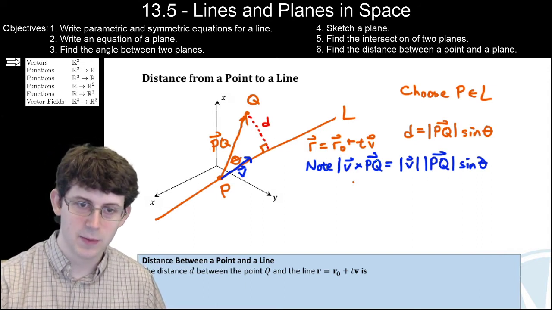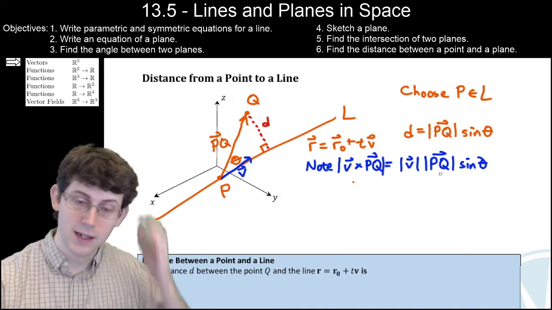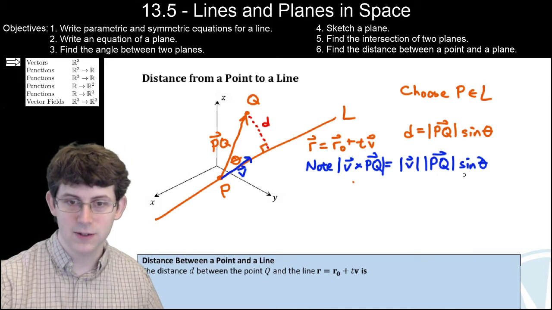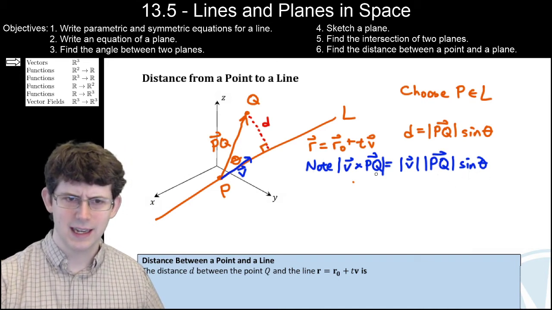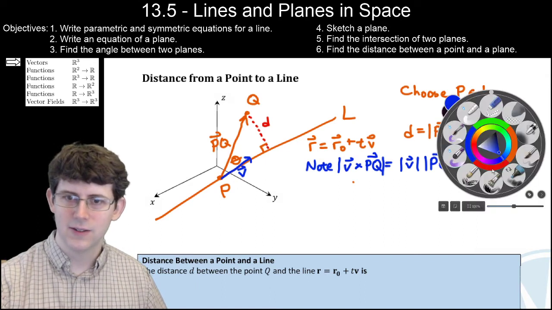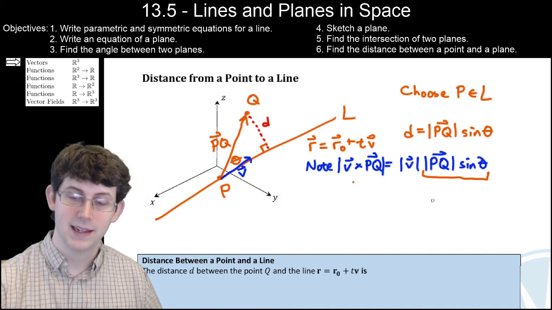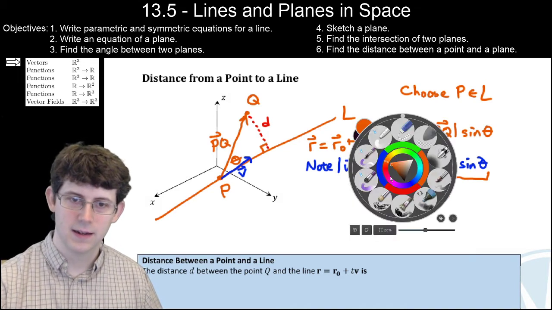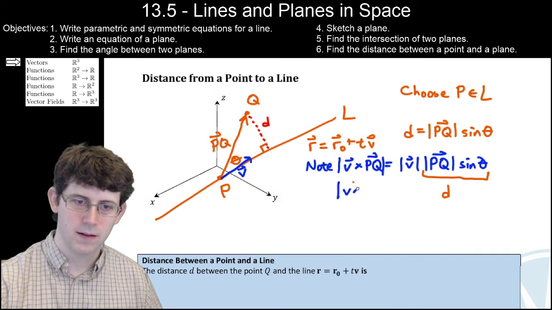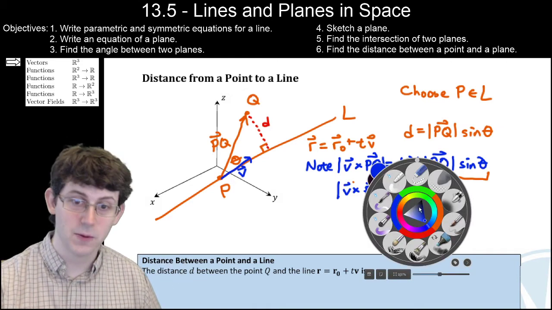This fact about the cross product is about the magnitude of the cross product. So the magnitude of V cross PQ is the magnitude of V, magnitude of PQ, sine theta. And if you write down that formula and then look at the thing you're trying to find, you notice, wait a minute, PQ sine theta is what I wanted. This is D.